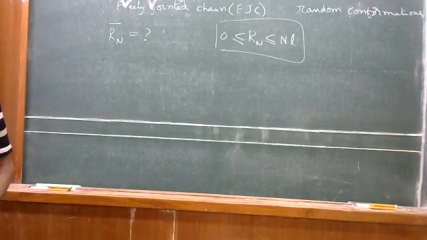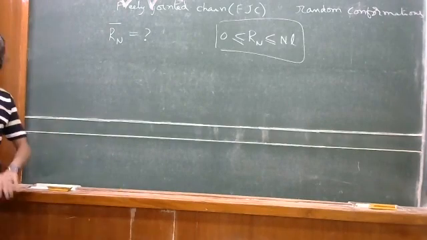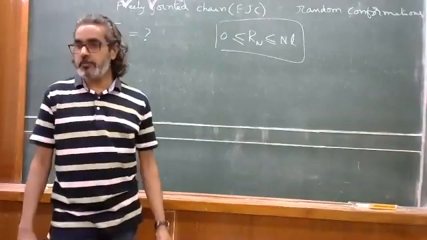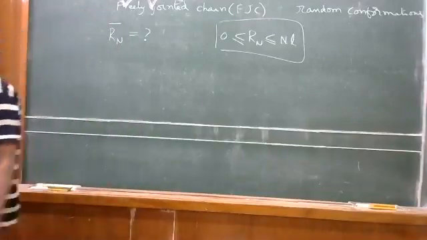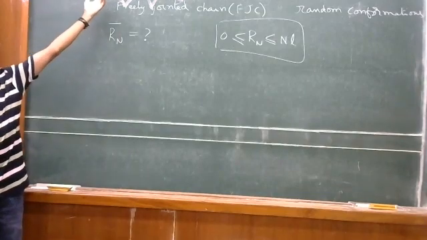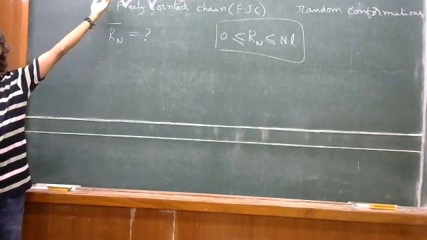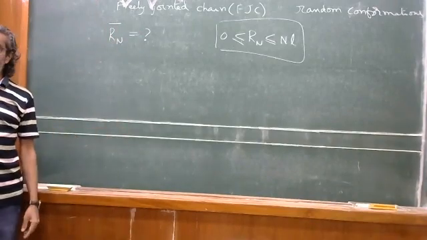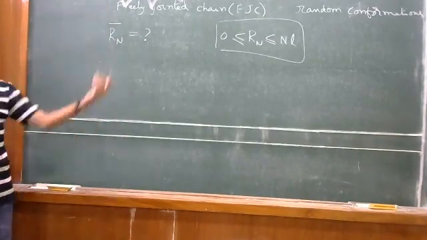Then for a given theta, using trigonometry, we can calculate what R is. Exactly. And since the probability of having each theta is the same, you basically need to do integration. You assume theta is varied from 0 to 180, n is fixed, L is fixed, and you can actually get it.